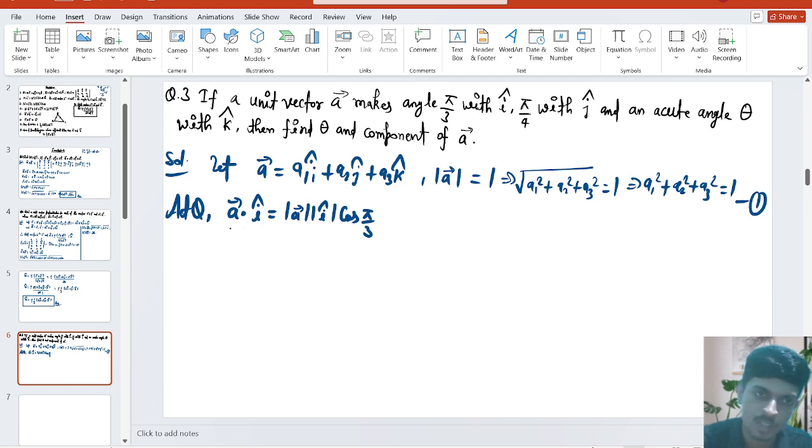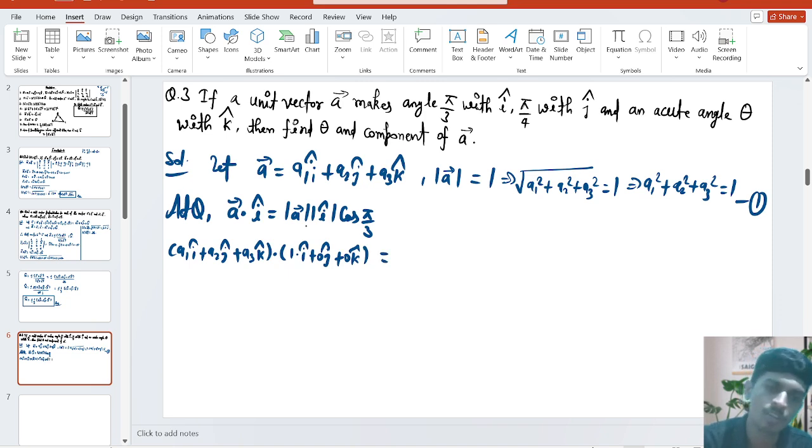Simplifying, vector A is A1 I cap plus A2 J cap plus A3 K cap, and I cap is written as 1 into I cap plus 0 into J cap plus 0 into K cap. The modulus of I is 1, because it is a unit vector along the axis.